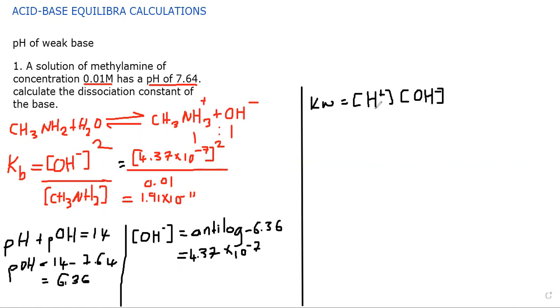So if I want to find the OH ion concentration, it is simply Kw divided by the hydrogen ion concentration.